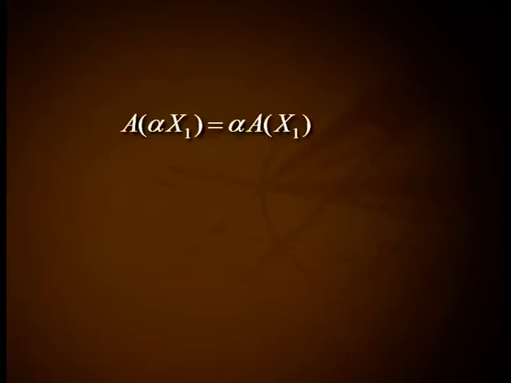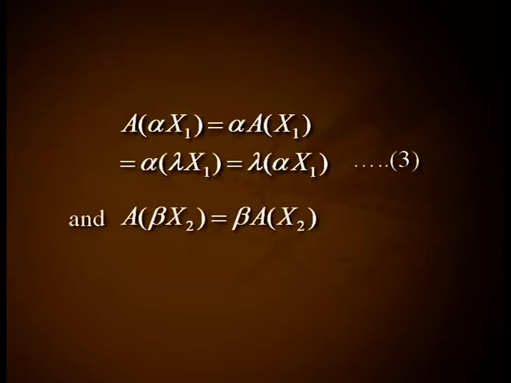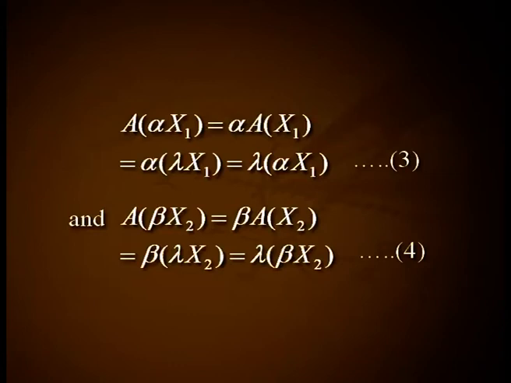Then A into alpha into x1 equal to alpha into A into x1 equal to alpha into lambda into x1 equal to lambda into alpha into x1, equation 3, and A into beta into x2 equal to beta into A into x2 equal to beta into lambda into x2, which is equal to lambda into beta into x2, equation 4.